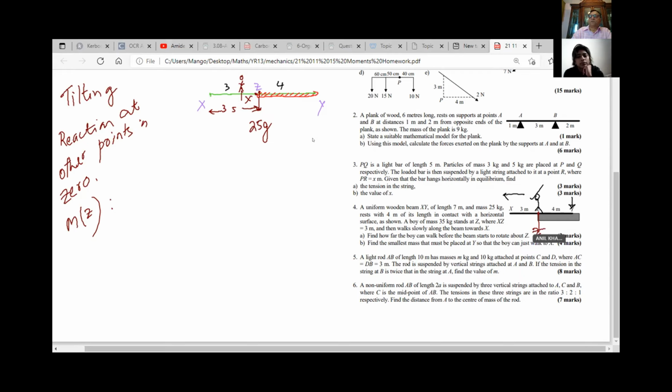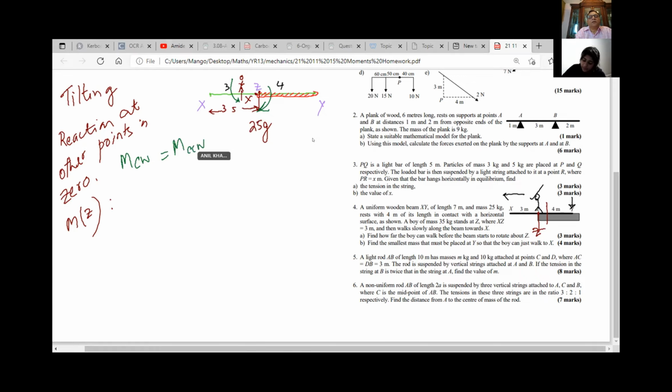The 3.5 is obviously on the right side of Z, so the weight will cause a clockwise moment, and the boy will cause a counterclockwise moment. They should be equal. Clockwise moments should equal counterclockwise moments.